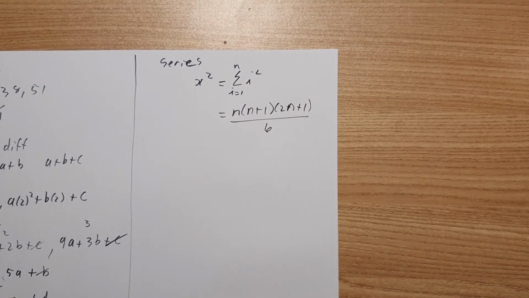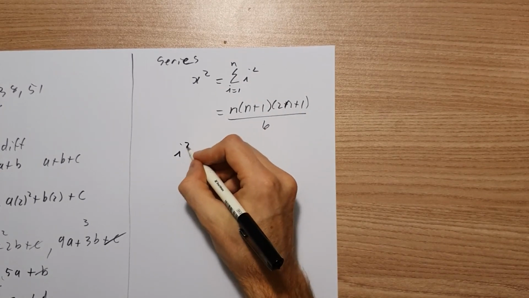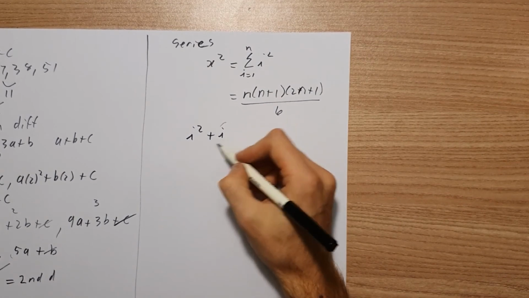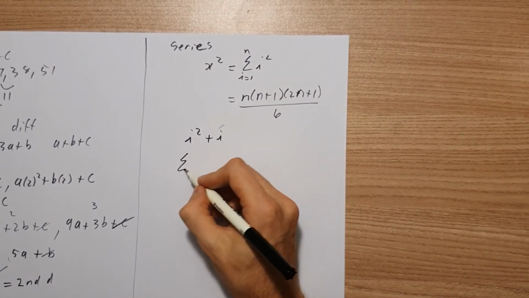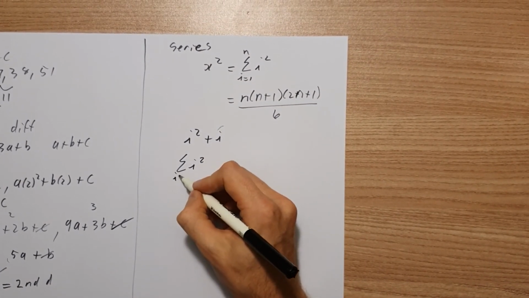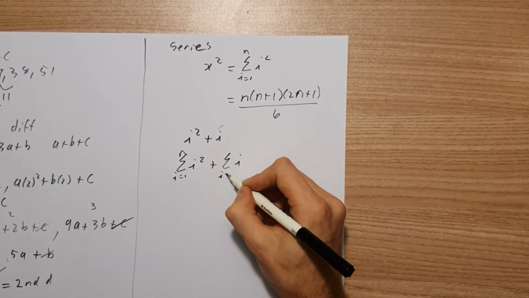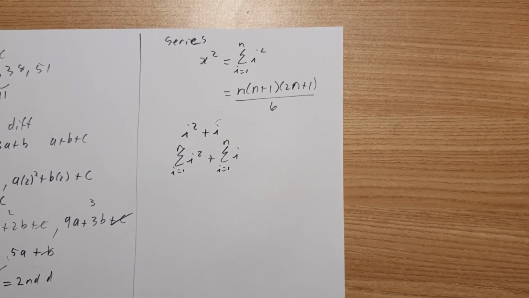Now if there's another term, so if it's i squared plus i, then you're just going to use the summation of i. So you'll have the sum of i squared from i equals 1 to n plus the sum of i from i equals 1 to n, and you'll add those two sums together.